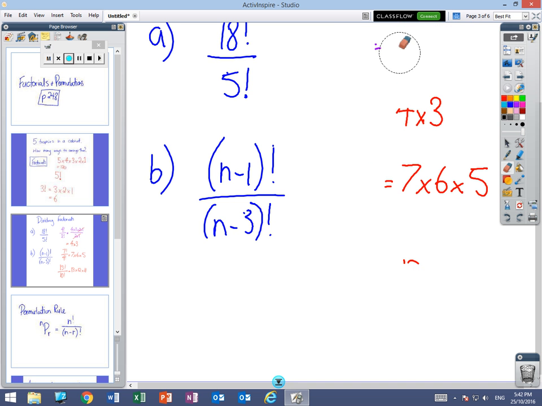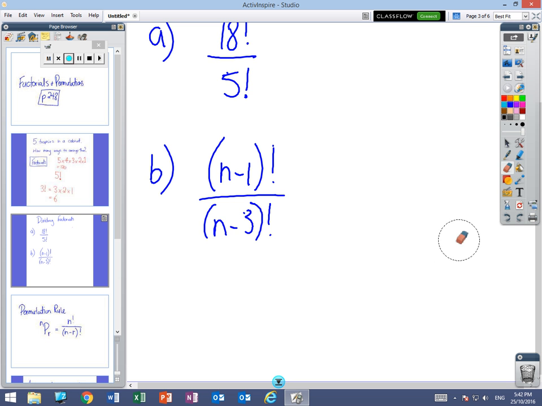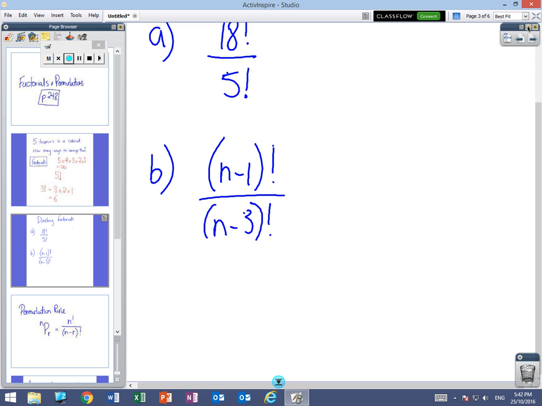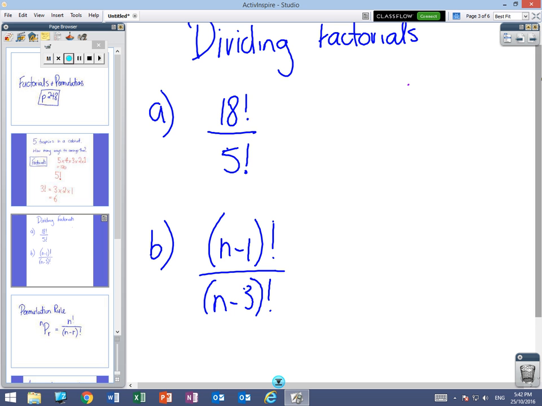If I go back to these examples, if I was doing this one here, I might not write it all out, but I'd start at 18 times 17 times 16 times 15, and I'd go all the way down until I got to times 6, and that would be the end of it.